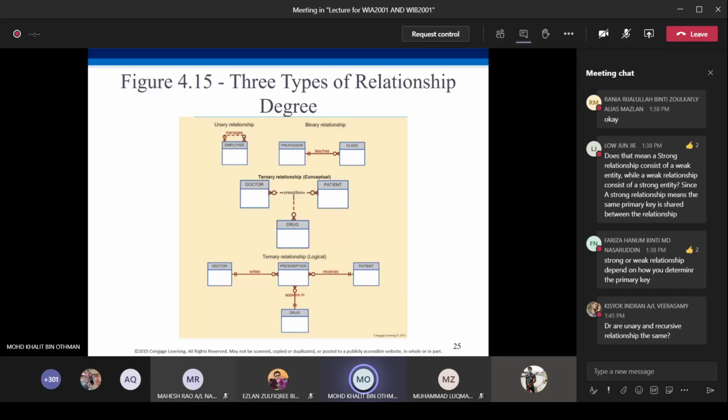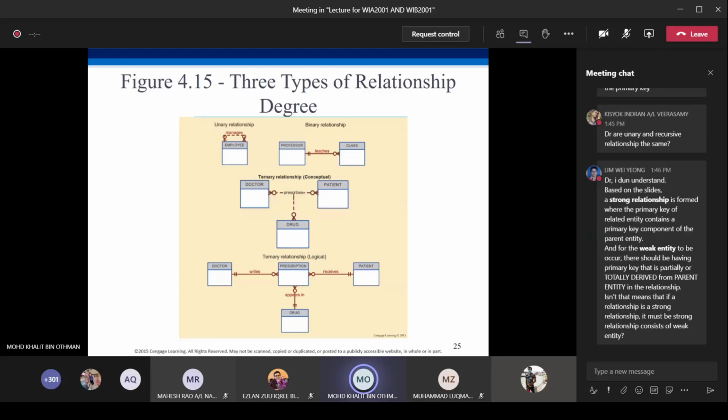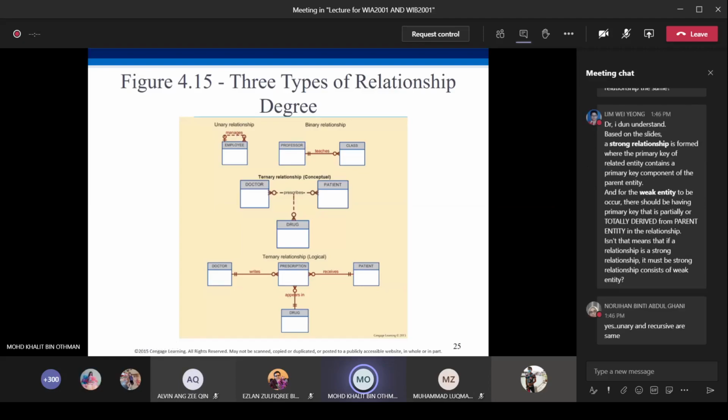For example, an employee within the employee entity is a manager for one or more employees within the same entity. In this case, the manage relationship means that an employee requires another employee to be manager.